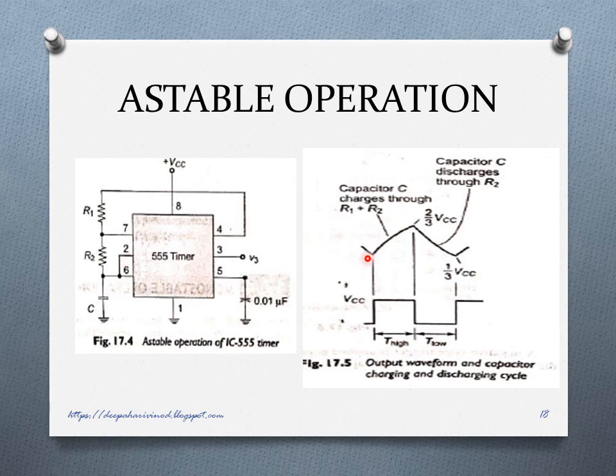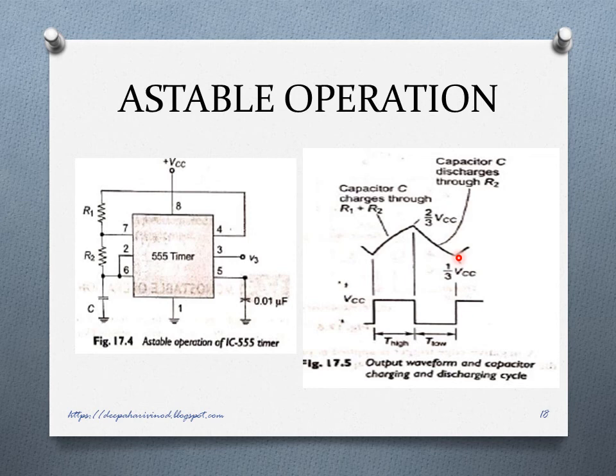See, it charges till 2/3 VCC and then discharging of the capacitor through R2 occurs, and when it reaches 1/3 VCC, the comparator 2 output causes the flip-flop to reset.